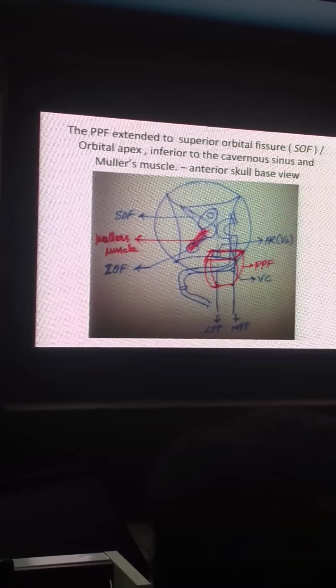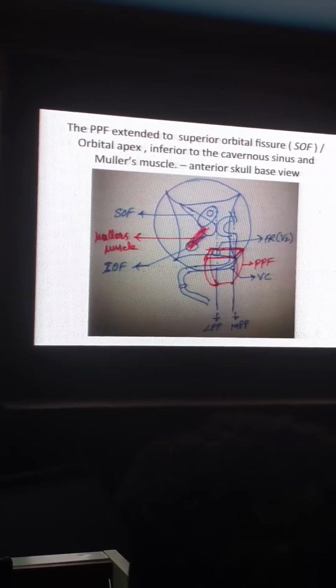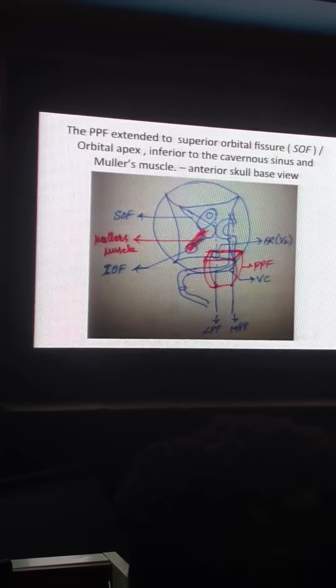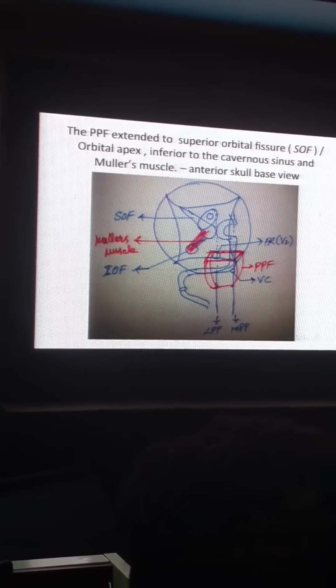See here, the orbital apex, pterygopalatine fossa extends to the orbital apex. See that X-ray. And pterygopalatine fossa extends to the superior orbital fissure, orbital apex, inferior to the cavernous sinus. This is the anterior skull base view.